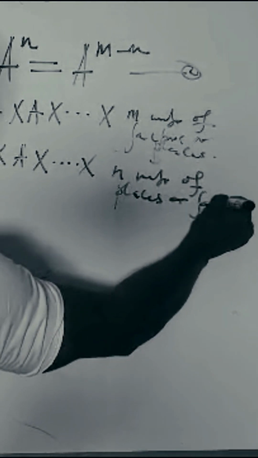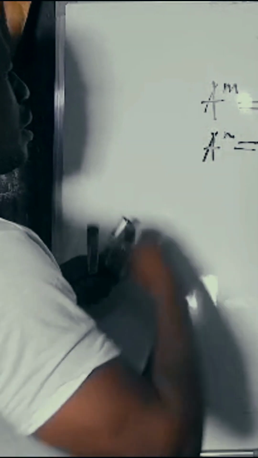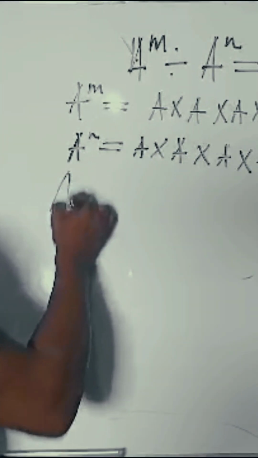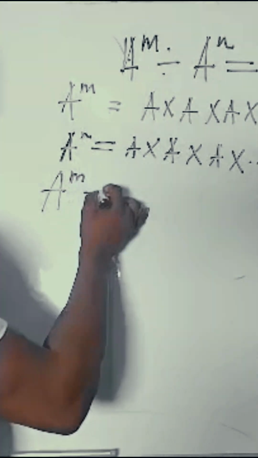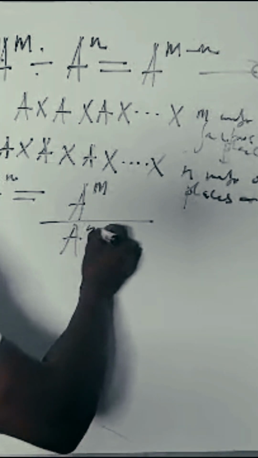Therefore, a raised to the power m divided by a raised to the power n becomes a raised to the power m divided by a raised to the power n.